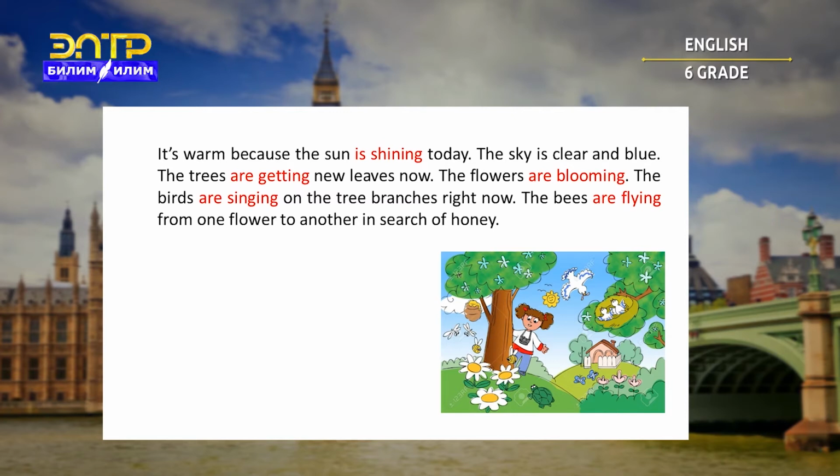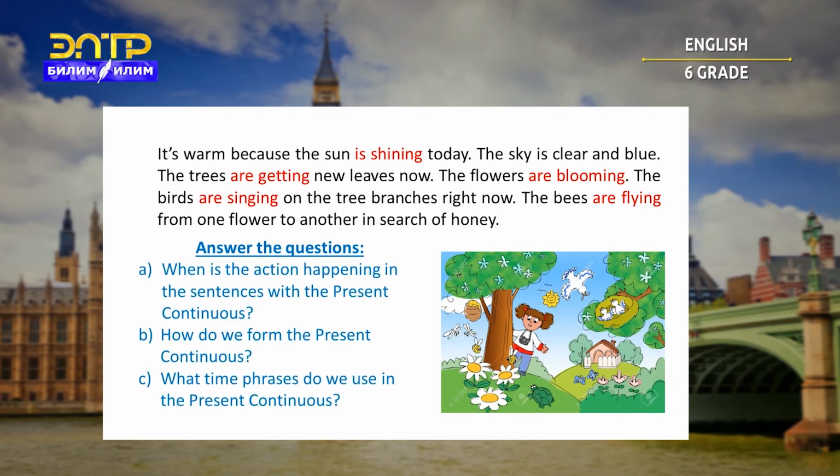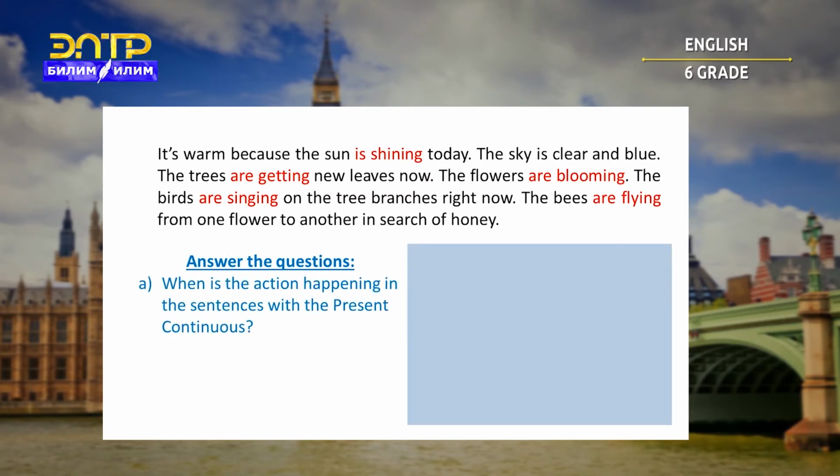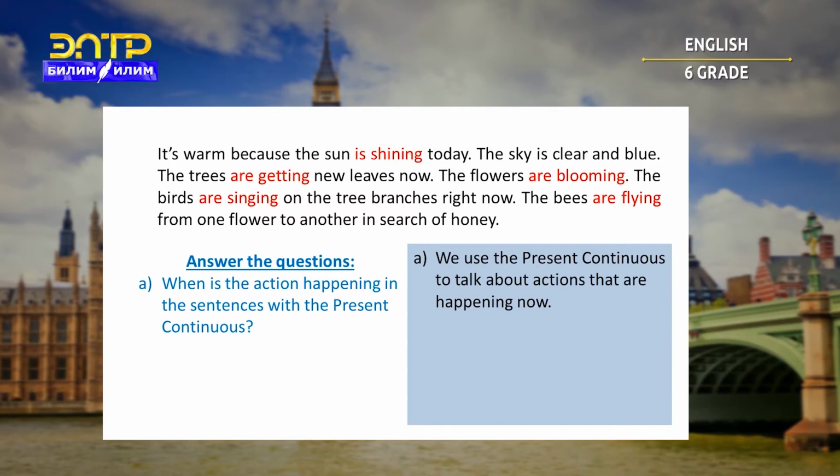Now, answer the questions. Now, let's answer the questions together. When is the action happening in the sentences with the present continuous? We use the present continuous to talk about actions that are happening now.